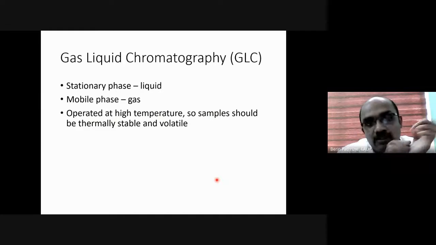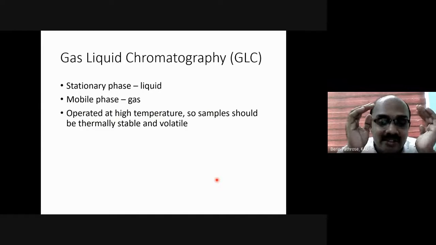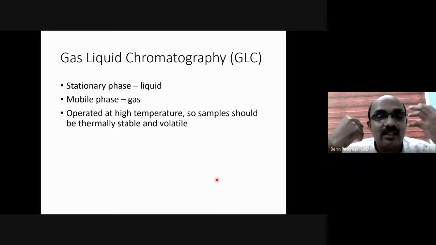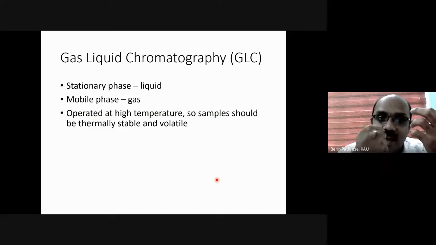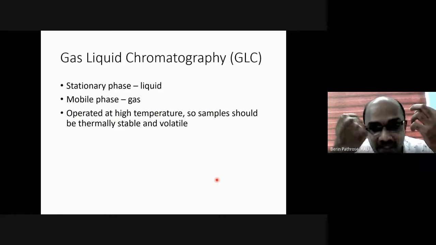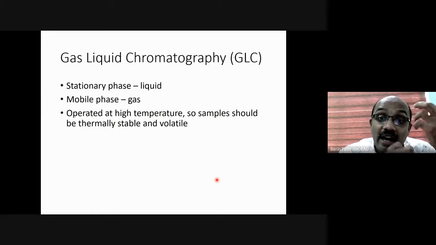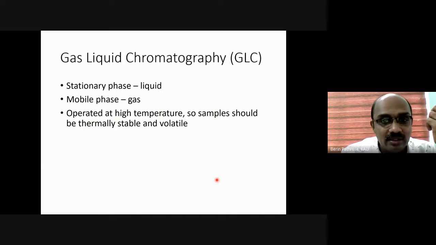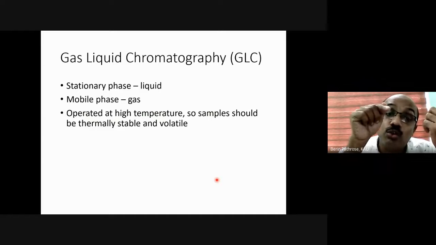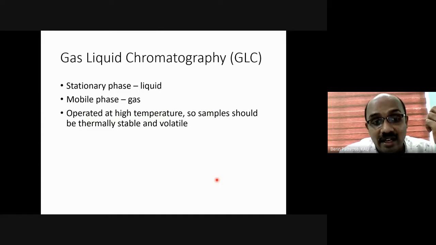The sample which we introduce will be volatilized at high temperature. That means the sample should be volatile, that is, we should be able to convert the compound into gaseous state at a higher temperature. But even if it gets converted into gaseous state, it should not get degraded at higher temperature. That means the sample should be thermally stable.